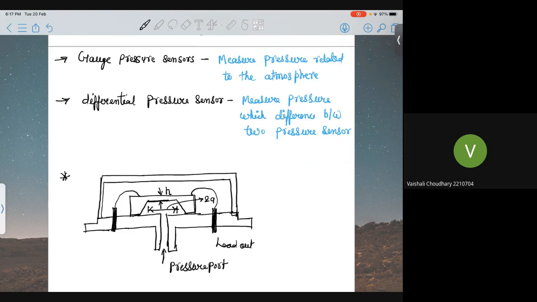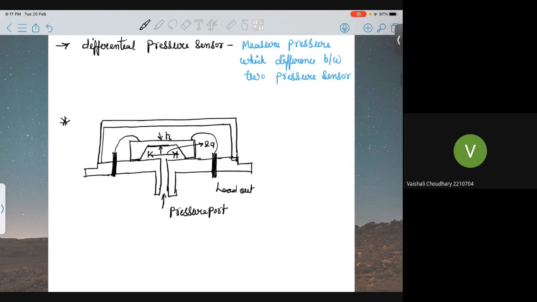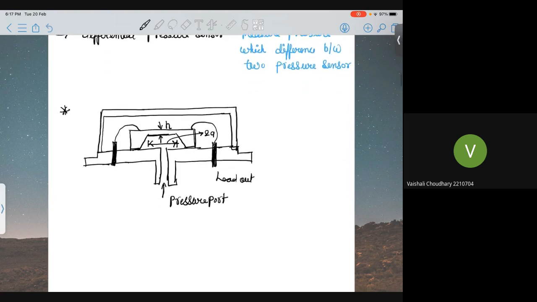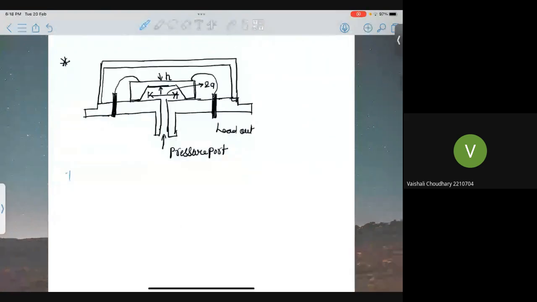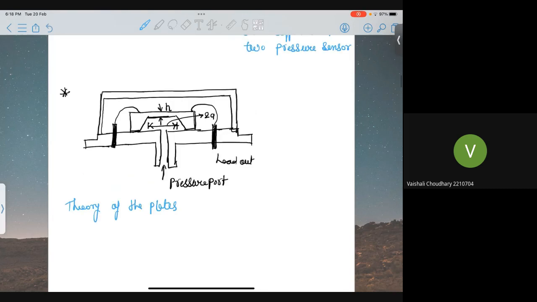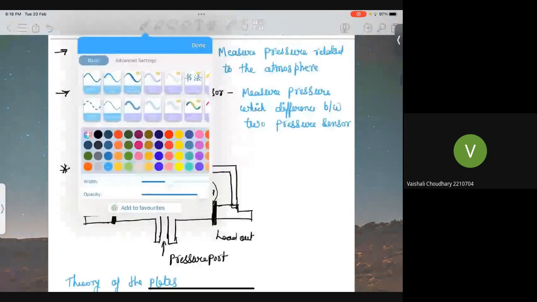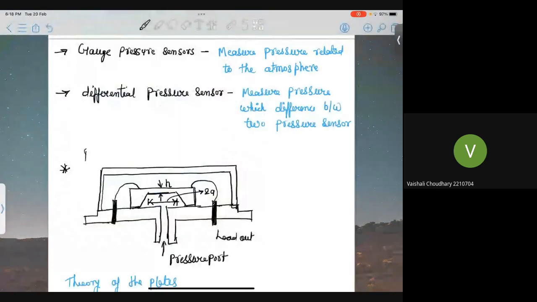Now if the membrane height is h and the length is 2a, then from the theory of plates, we'll write it as a pressure sensor.